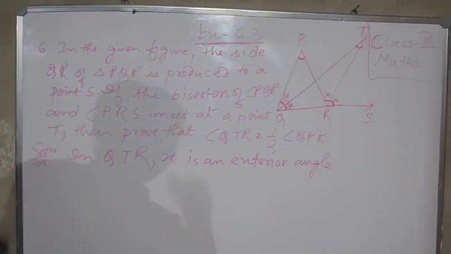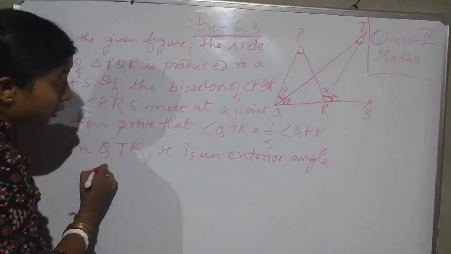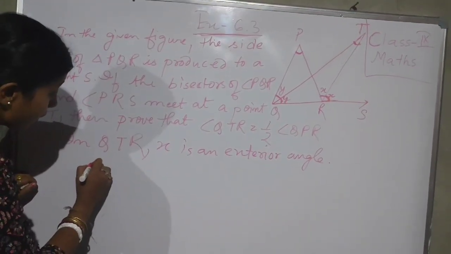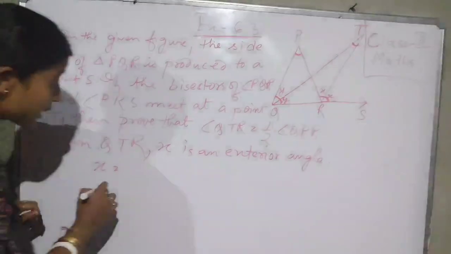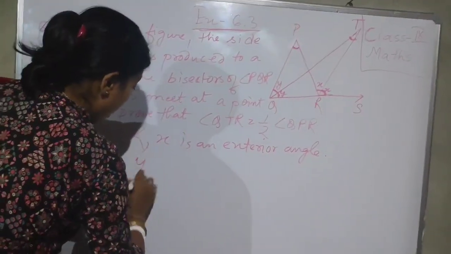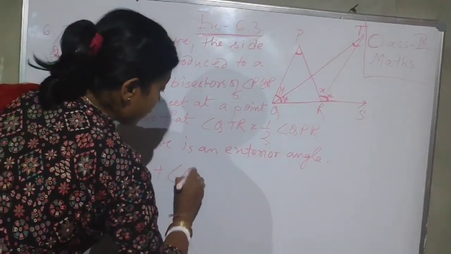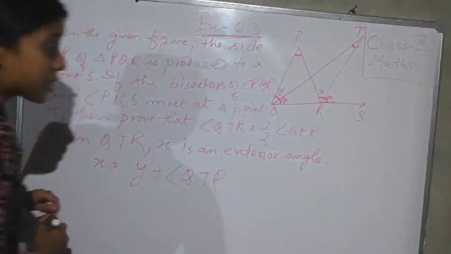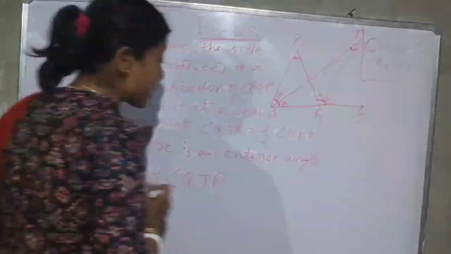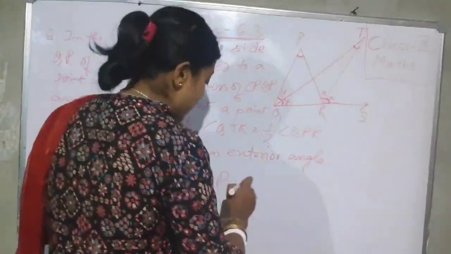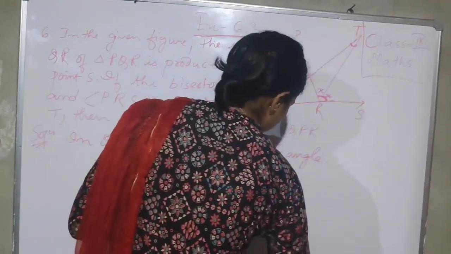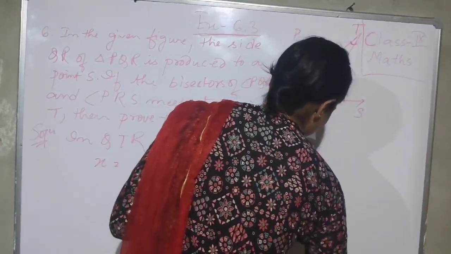So x equals y plus angle QTR, the sum of opposite angles. This is the exterior angle property.